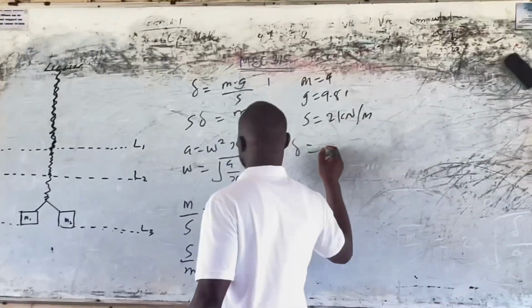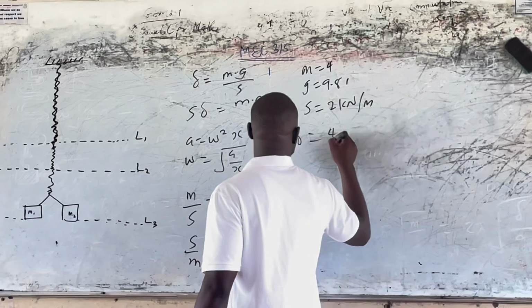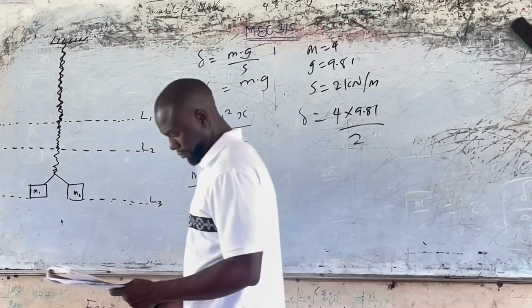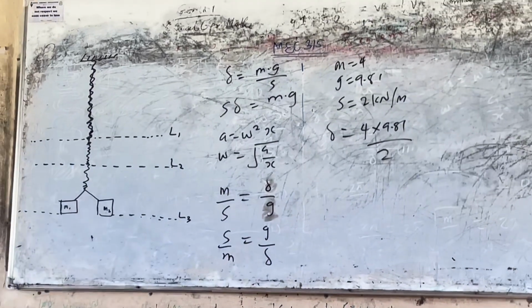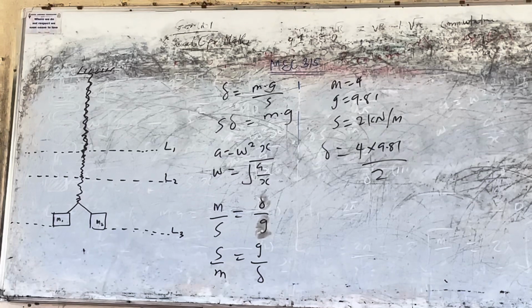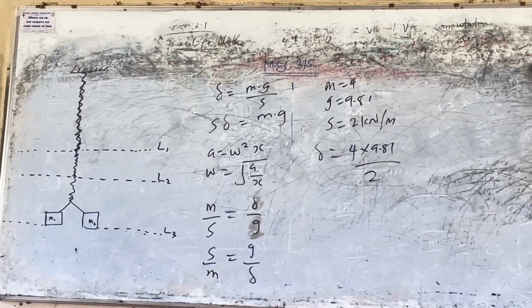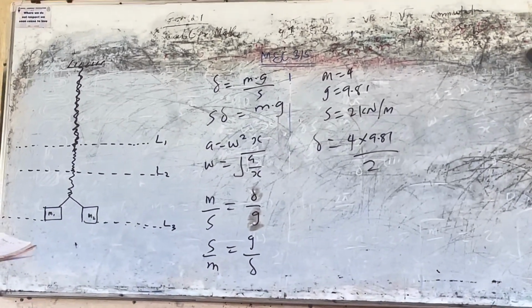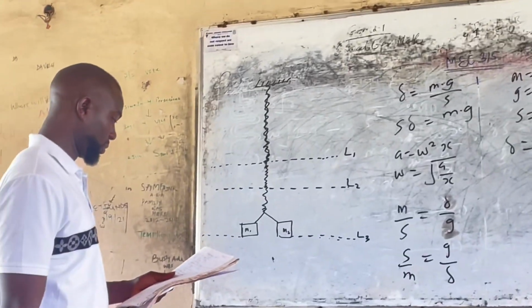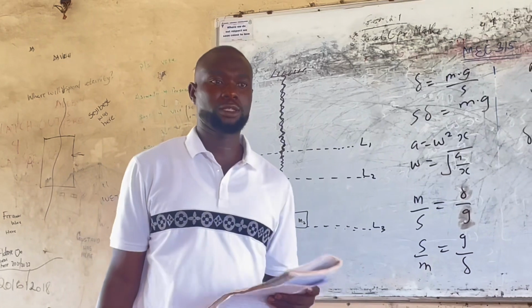So what is our amplitude, which is the maximum displacement or deflection? That is, we got 4 times 9.81 over 2. What's the answer? This one be 2,000. 2,000, sir. Why is it 2,000? The answer, they did not convert it.